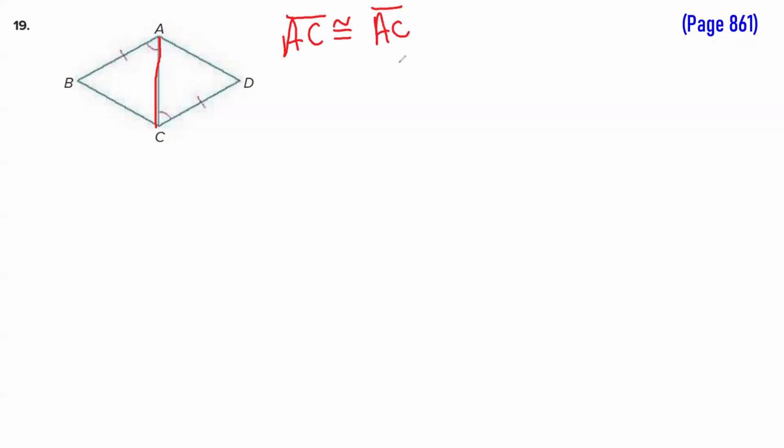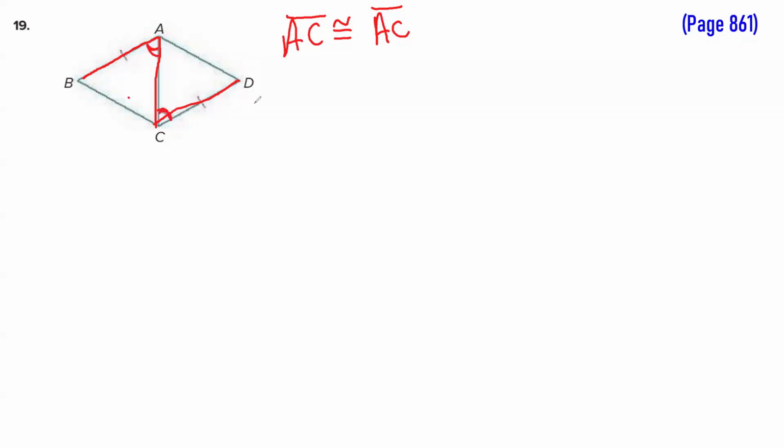And in addition to that, it is given that the side AB is congruent to the side DC. So these two sides are congruent as well. Also, it is given that the angle A here is congruent to the angle C.